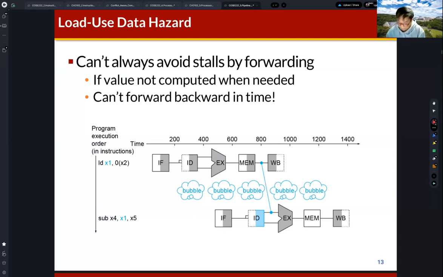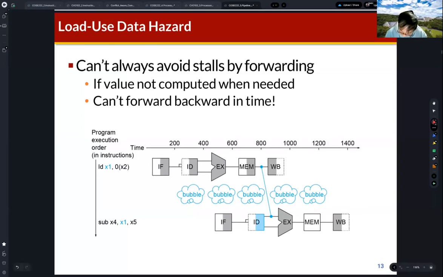Why? Because for the load instruction, the data is set at this time, right? And the next instruction uses the data from the load instruction, there is the instruction fetch, ID, and then this is the execution.